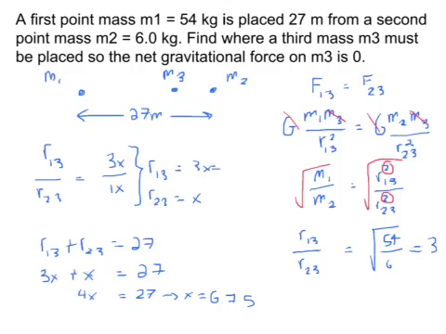Now that I know x, I can calculate R13 and R23 easily. 3 times x is 3 times 6.75, and that gives me 20.25 meters. And R23 is x, so R23 is 6.75 meters.